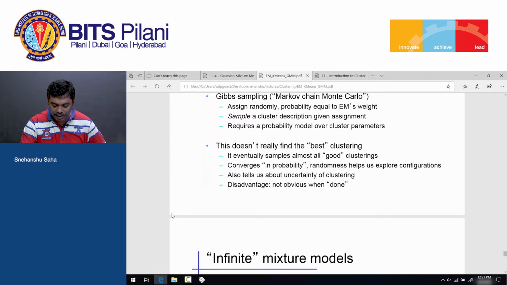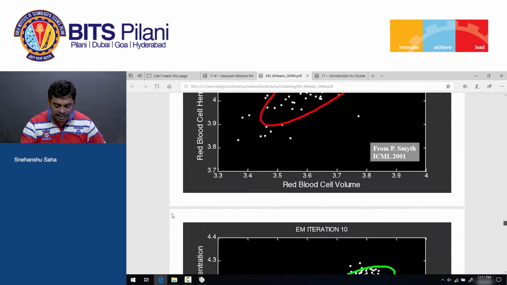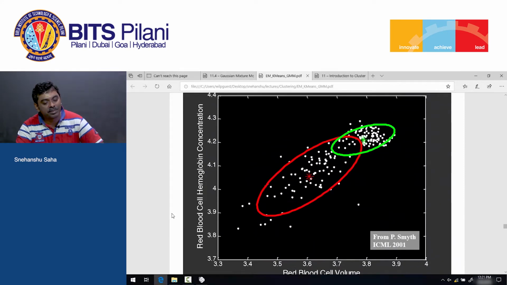You keep on doing this. So this is the 5th iteration. In the next iteration, you already start seeing much better results, because the idea is that your healthy patients are actually here, and these are your anemic patients.